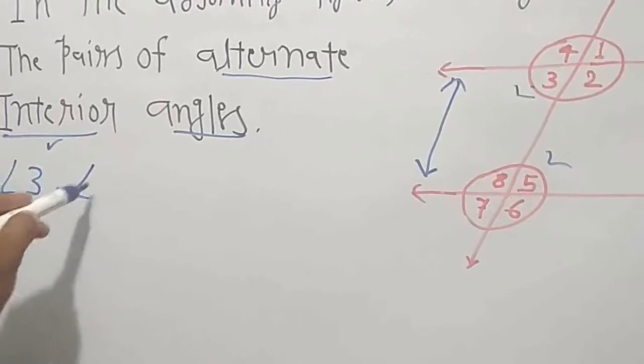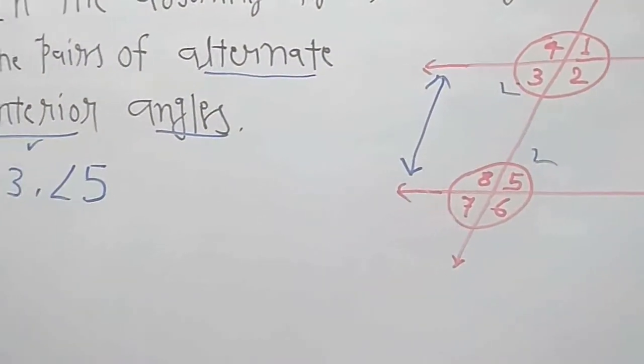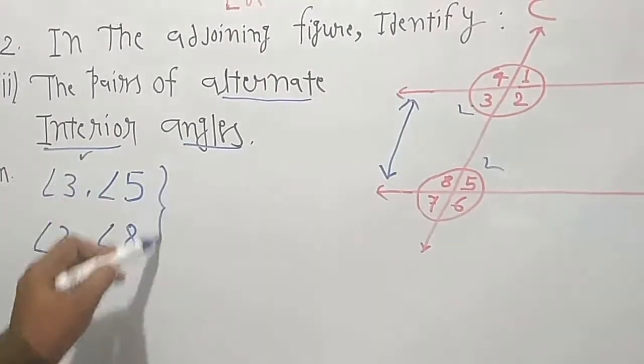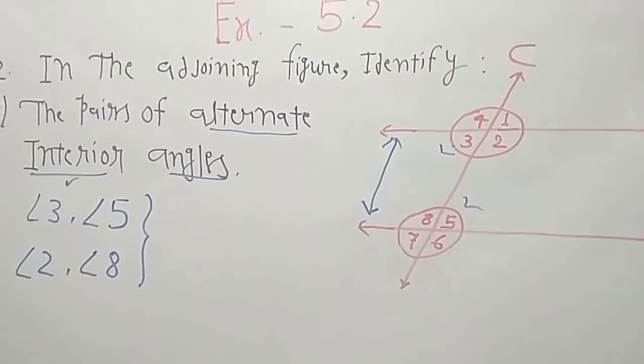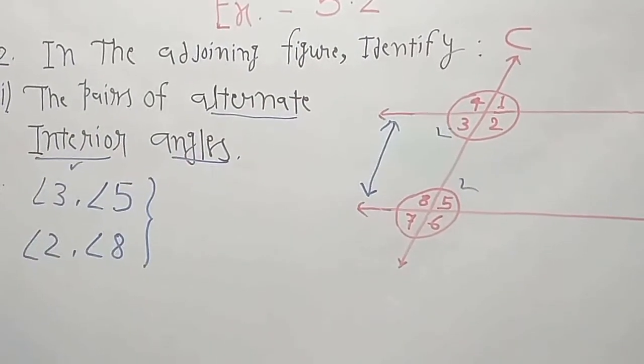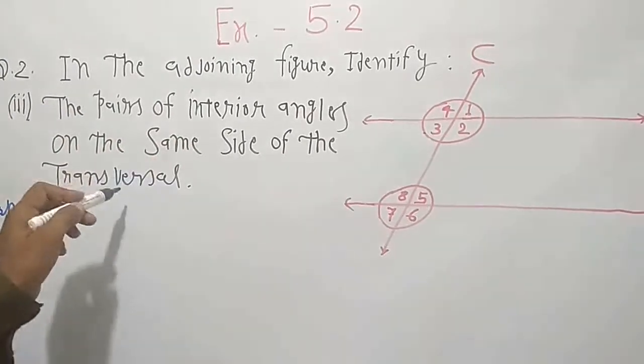The second pair is angle 2 and angle 8. So there are only two pairs of alternate interior angles between a and b.